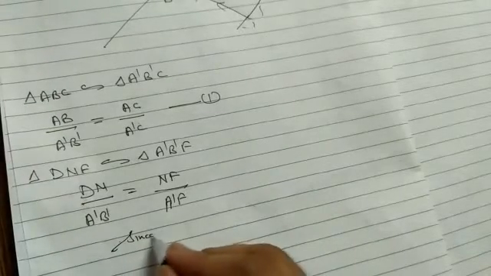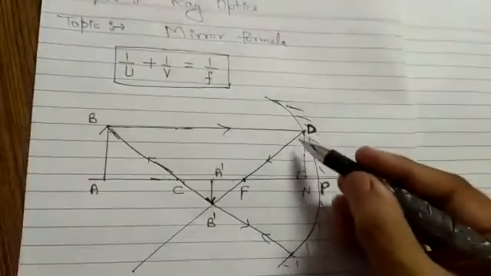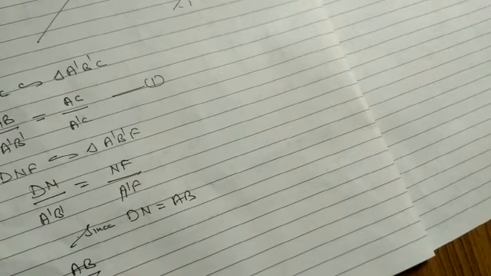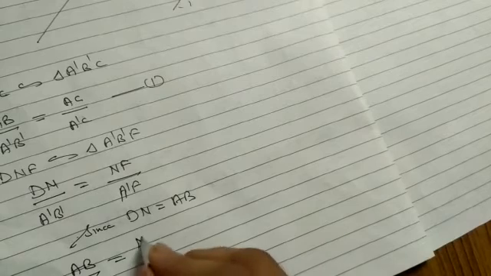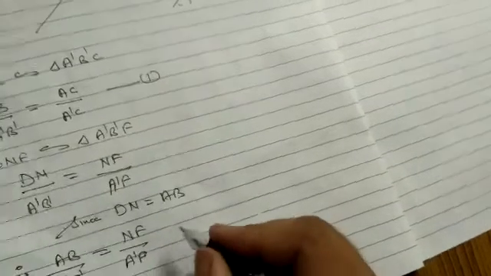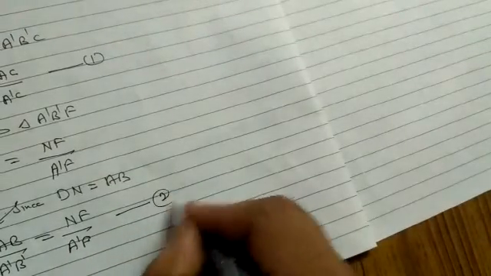Since DN is parallel to AB, the heights are the same. It means DN equals AB. Therefore, we can write AB instead of DN. So AB upon A dash B dash equals NF upon A dash F. Let this be the second equation.